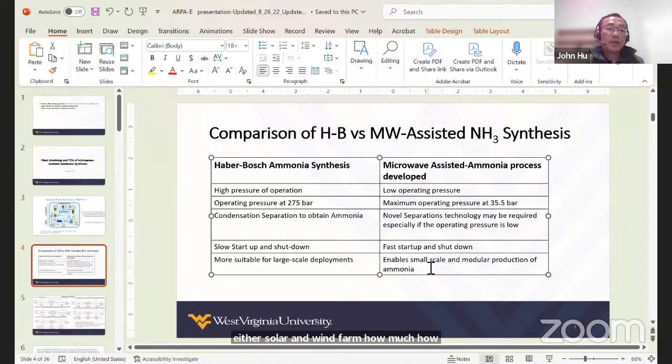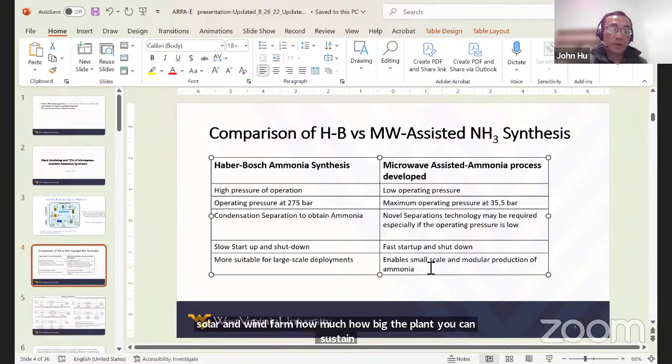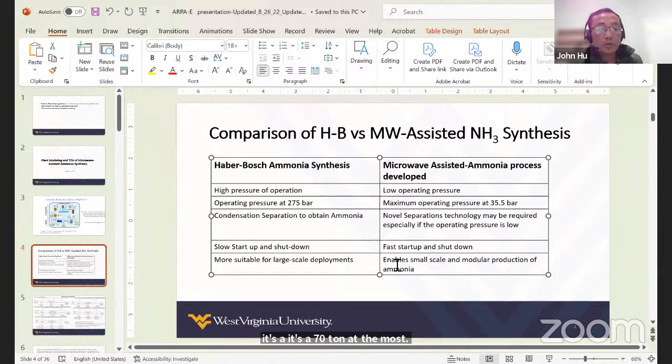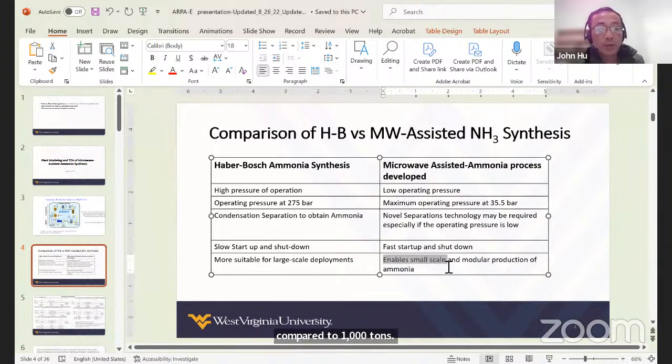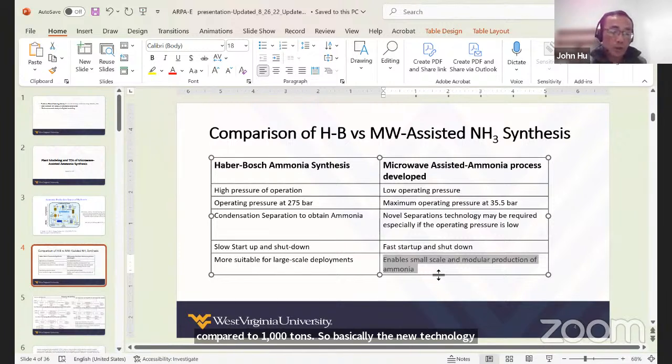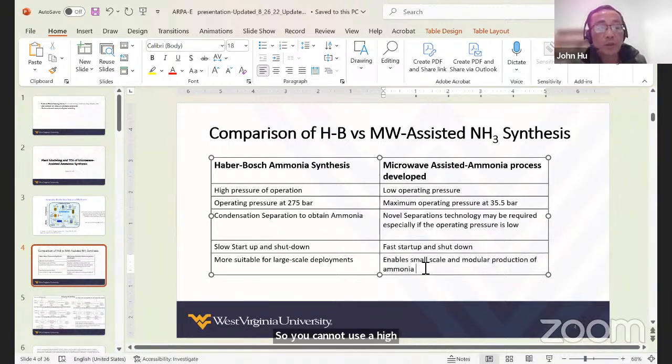It's 70 tons at the most, compared to 1,000 tons. So basically, the new technology using microwave requires a smaller scale operation. A smaller scale ammonia reactor means smaller scale downstream separation, so you cannot use a high pressure condenser. We're basically using the so-called novel separation technology, which I'm going to talk about after the break.